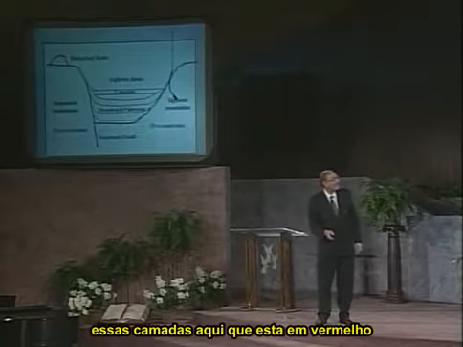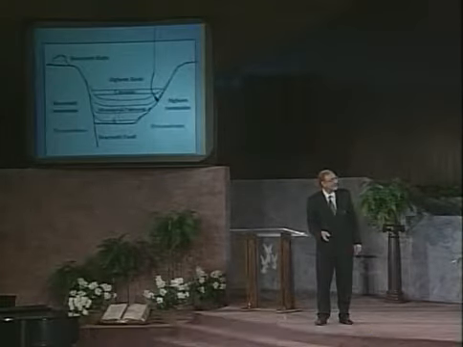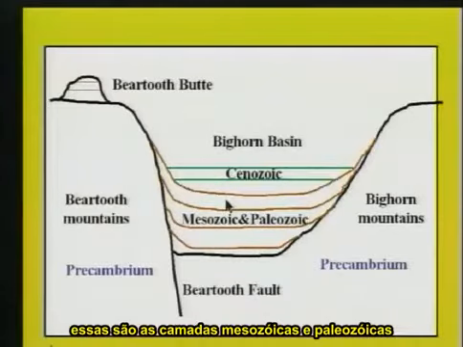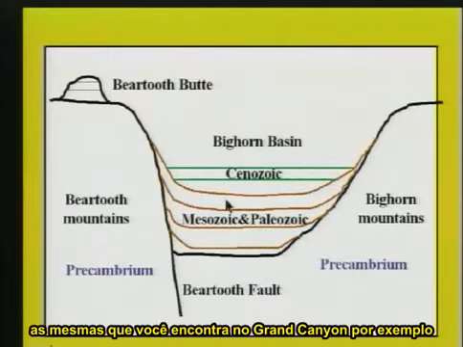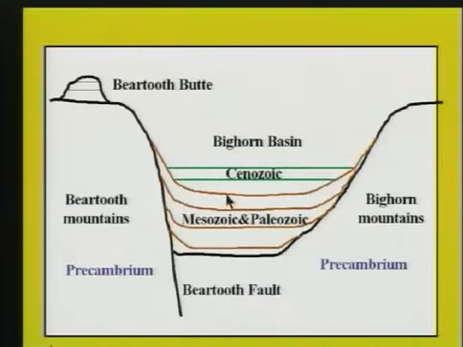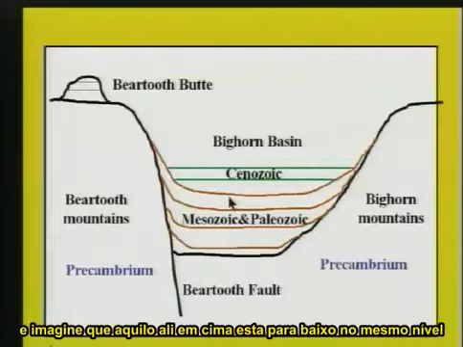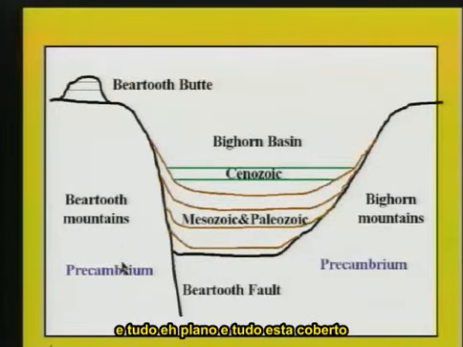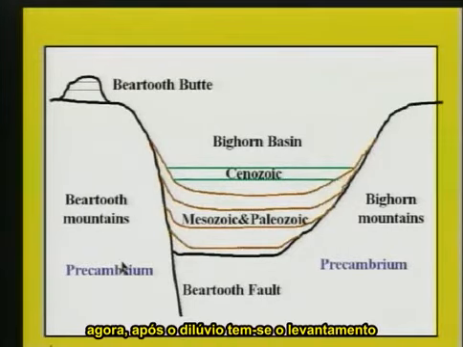These layers down here, which I've coded as red, are the Mesozoic and the Paleozoic layers. Those are the same ones you'd find in the Grand Canyon, for example. Here they are, and imagine that that is down at that level, and everything is flat, and they're covering the whole bit. Now, after the event, you have uplift.